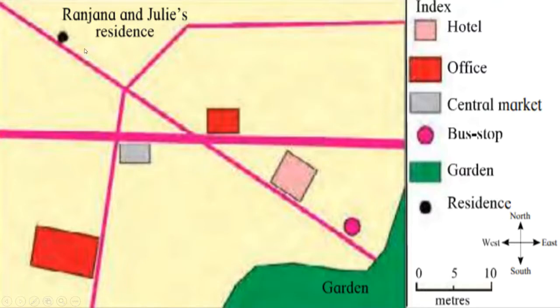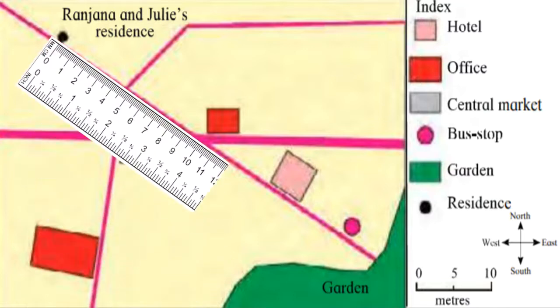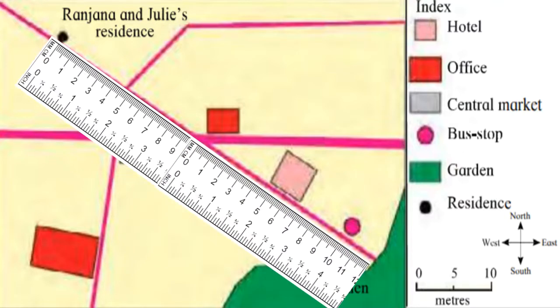So, when the cartographer is drawing it on the map or on the paper, he will adjust it. Now this can be almost 220 meters long. For example, here he has made it fit into the map.